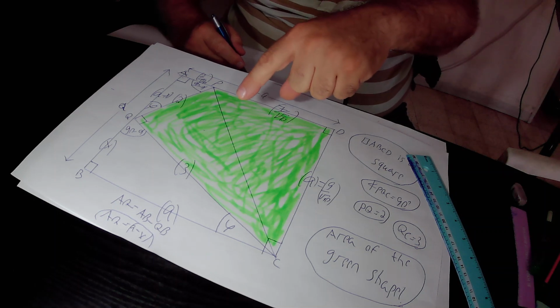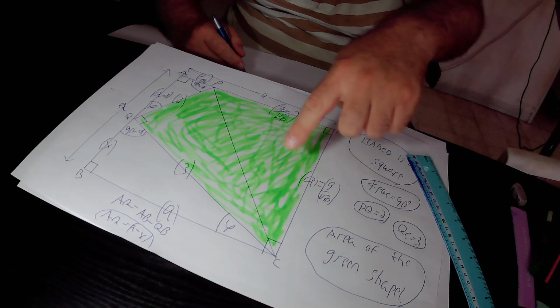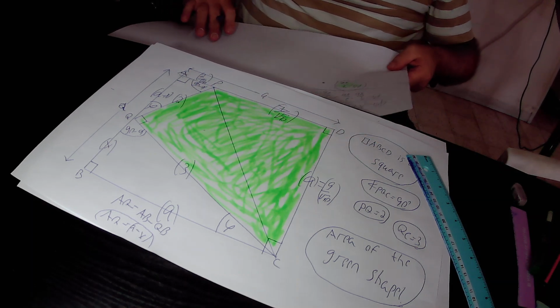That is to say, the area of this green shape must be equal to the area of the right triangle PDC plus the area of this right triangle PQC. So I write it down.